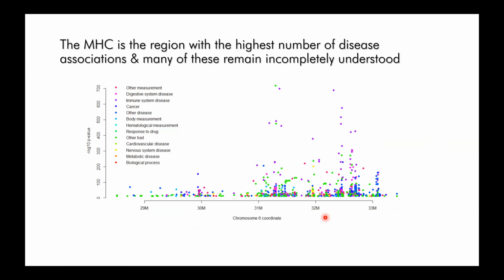If I say incompletely understood, what do I mean by that? By that, I basically mean that the underlying causal allele that drives the association on a biological level has not been identified yet. And why is that? That is the case because the MHC is characterized by extensive linkage disequilibrium. That basically means statistical association between alleles at different loci.